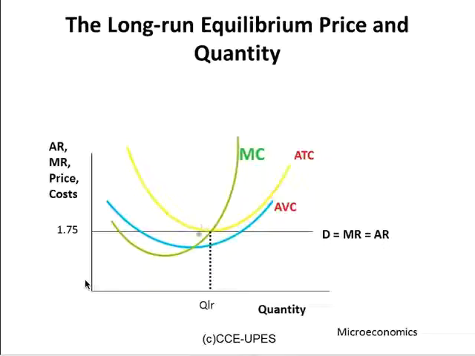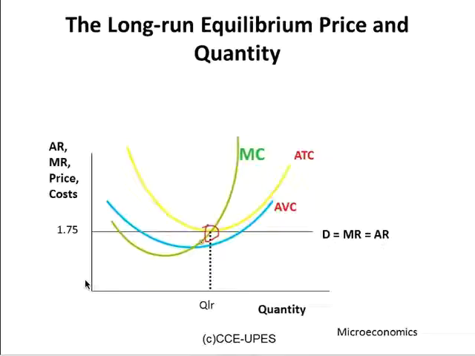This point is indicated here where the marginal cost, the average cost, the marginal revenue, and the average revenue, all four curves meet at this point. Anything other than this point, he is either making supernormal profits or he is incurring losses.